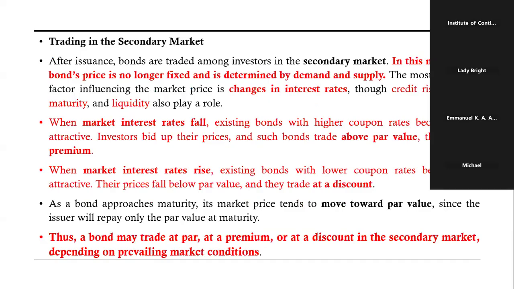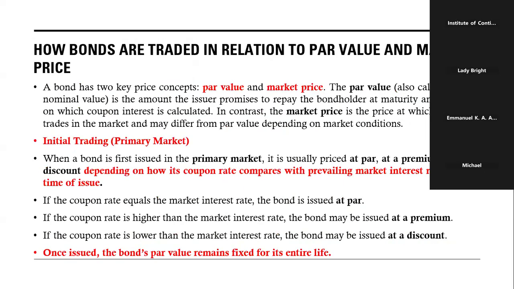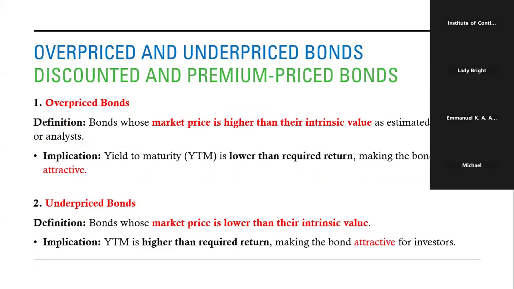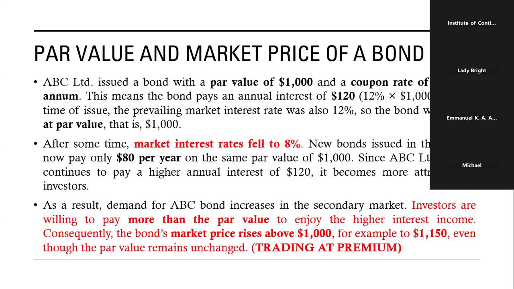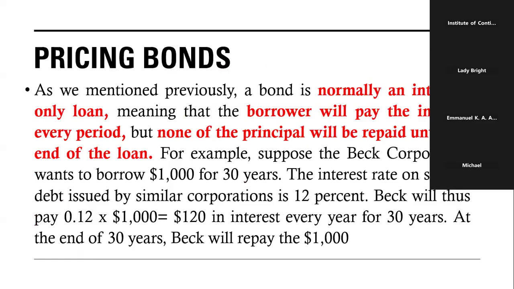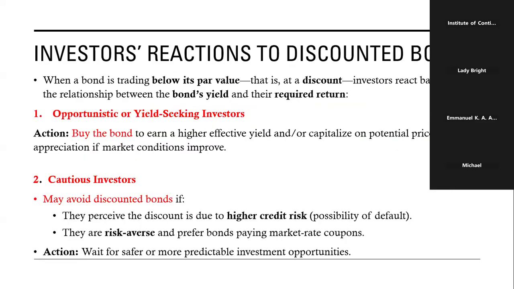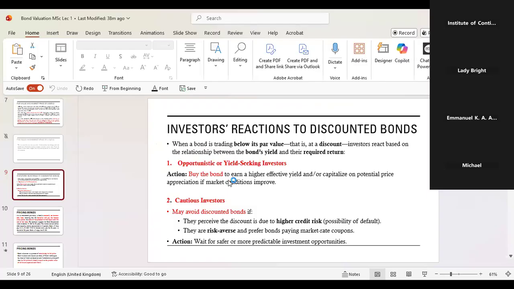Then we have the ones that are trading on premium. Premium is different. You will still buy the bond because what you are earning from it, even though par value is less than the price, you'll be earning more, and so you will go for that. Okay, so that's what I wanted to clarify on the bonds.